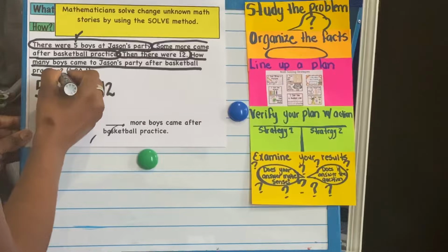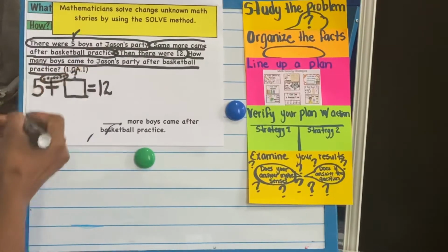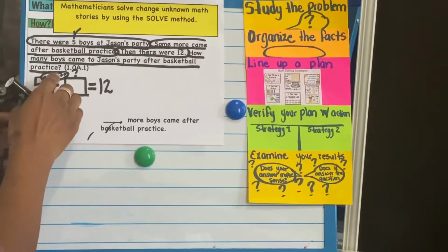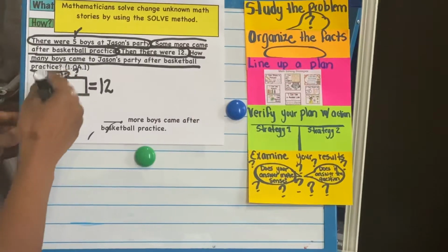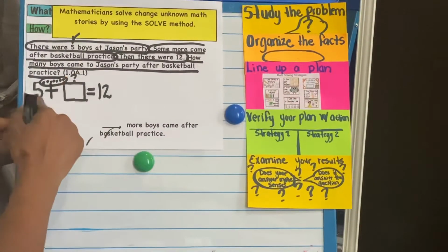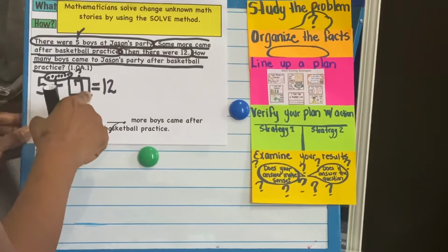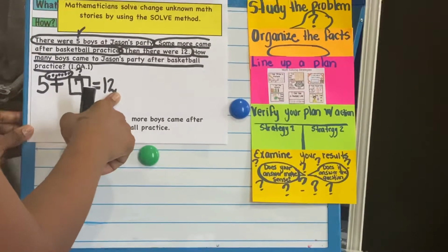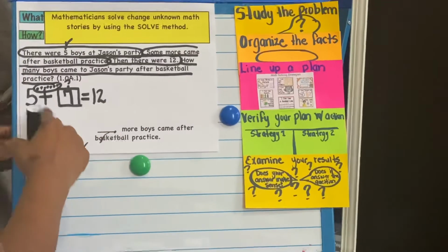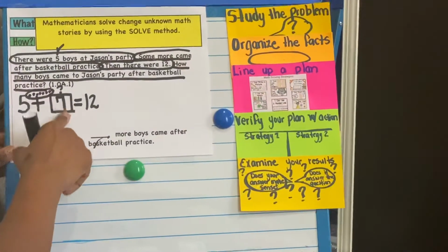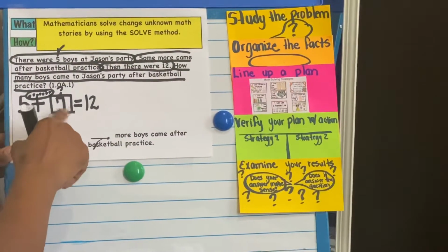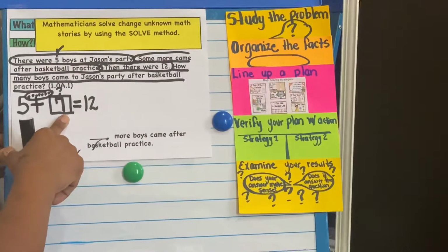How many dots did I draw? 1, 2, 3, 4, 5, 6, 7. I have 7 dots. 5 plus 7 equals 12. So that means that 7 more boys came to Jason's party after basketball practice.